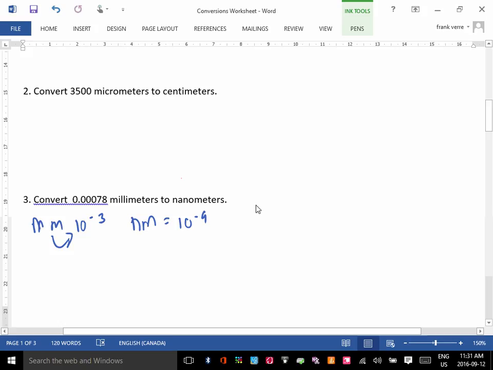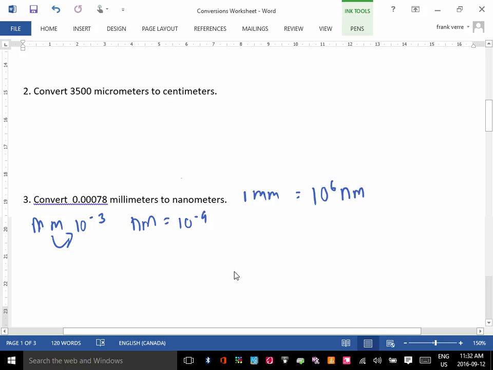So according to this, 1 millimeter is 10 to the 6 times bigger, right? So 1 millimeter should be the same as 10 to the 6 nanometers.